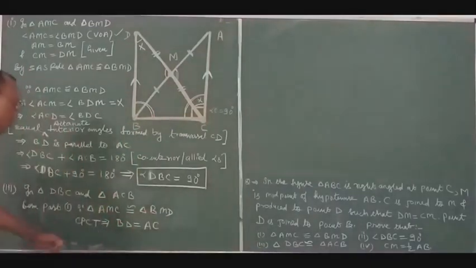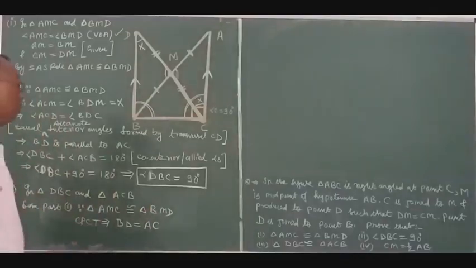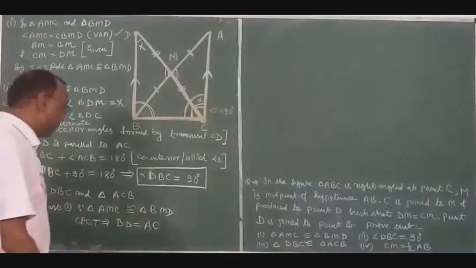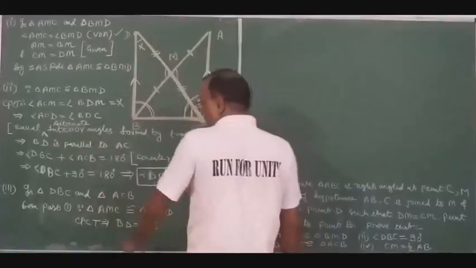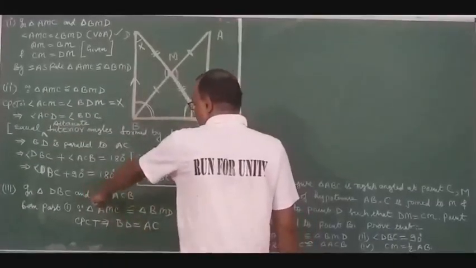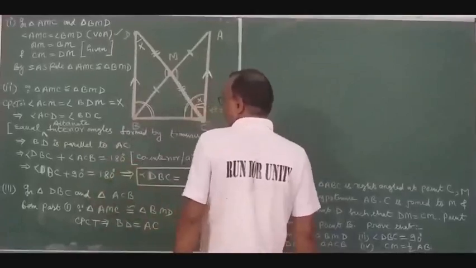BD is equal to AC. Okay. Now look here. In triangle DBC and ACB.